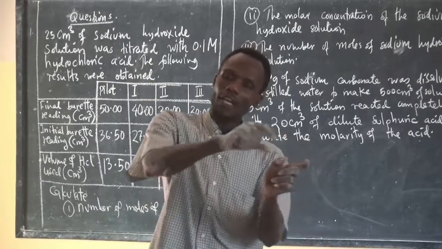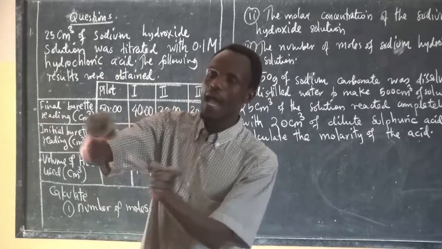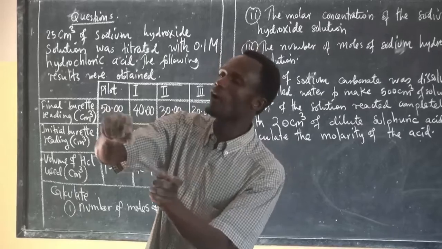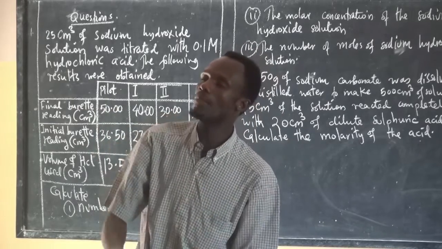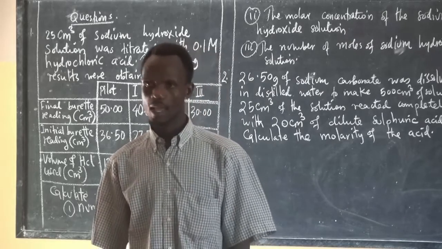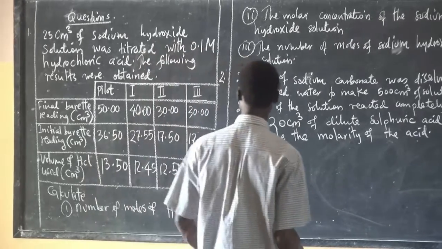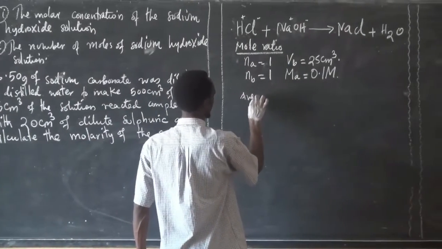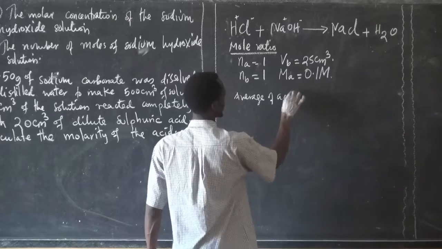So, finding the average of the acid used: the average volume used is calculated by taking the average of how many times you have done the experiment. We have the average of acid used.